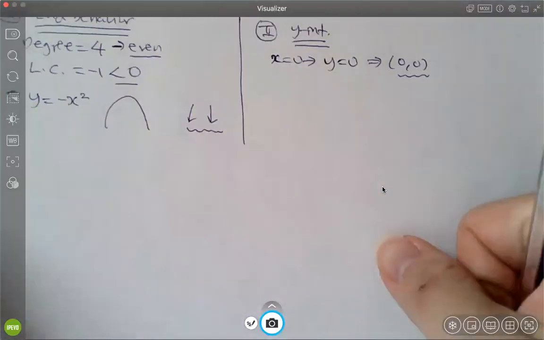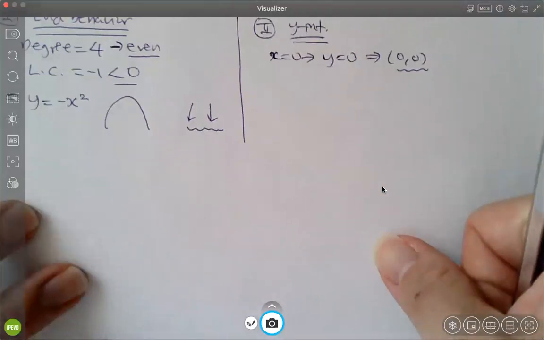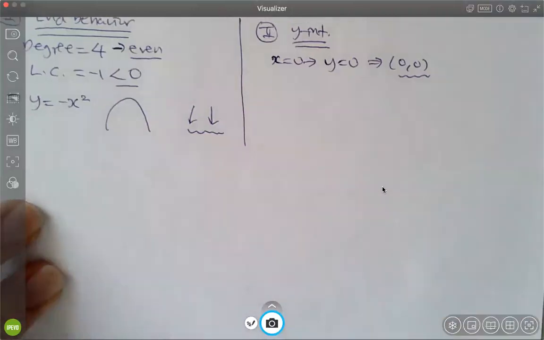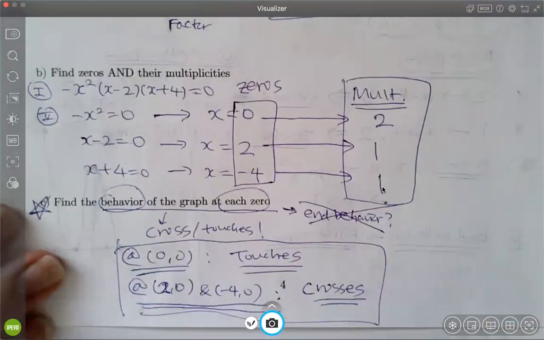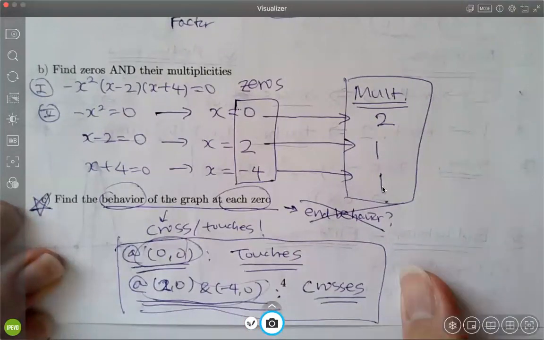Now, do we have 4 points? Not really, right? Because what were the x-intercepts? (0, 0), (2, 0), and (-4, 0). So we have 3, but that's the same thing as the y-intercept, so we just need one more. Now, what's the good news here?